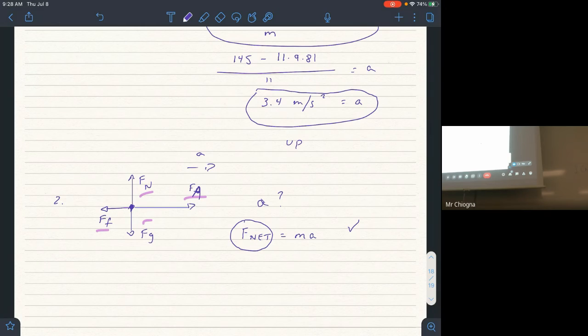So what are those forces? It's FA accelerating it. That's the larger force, so that comes first. And anything acting against it is subtracted. And I want to solve for the acceleration in this problem.